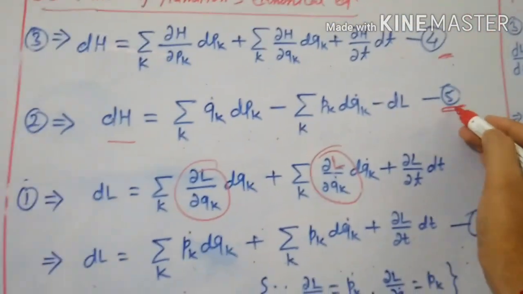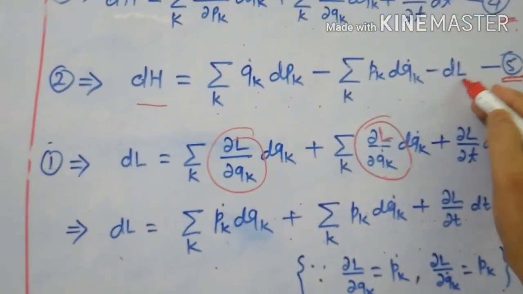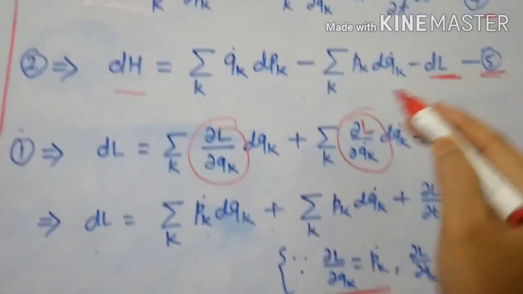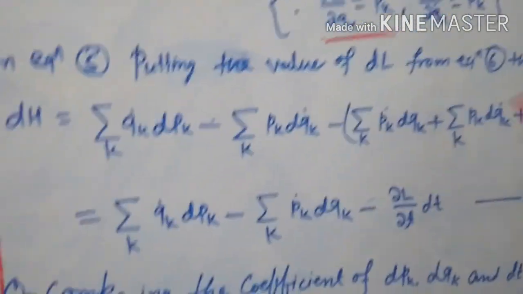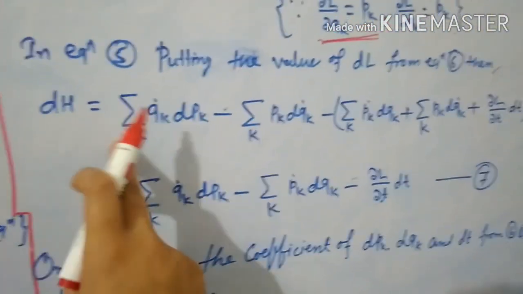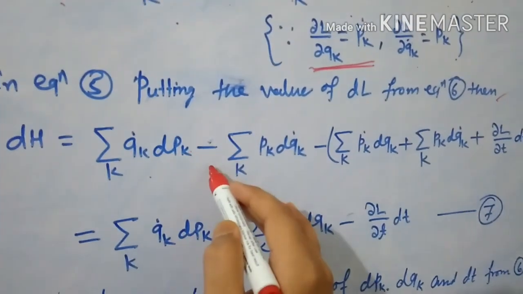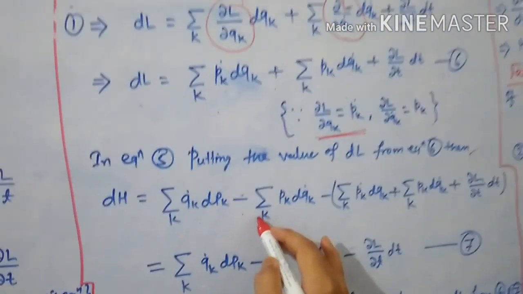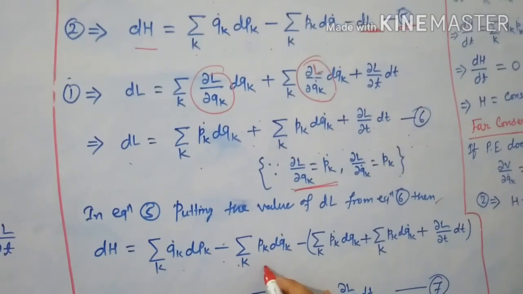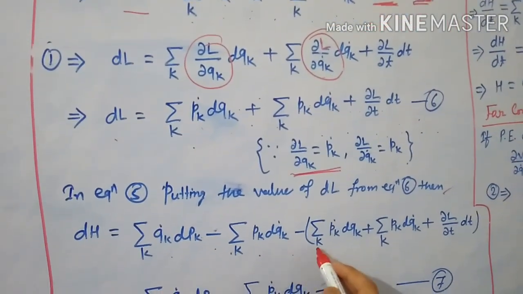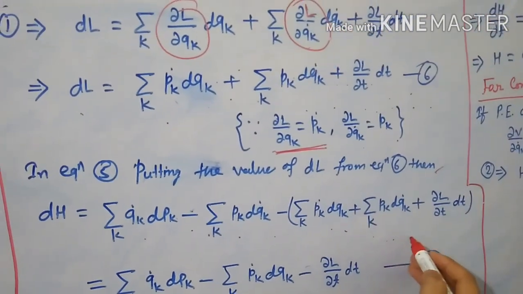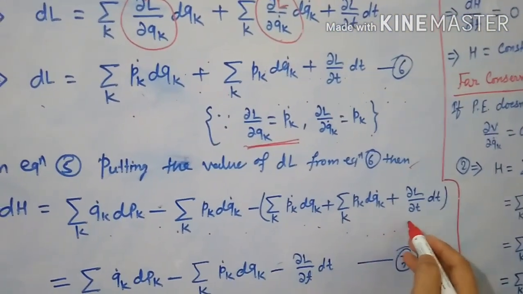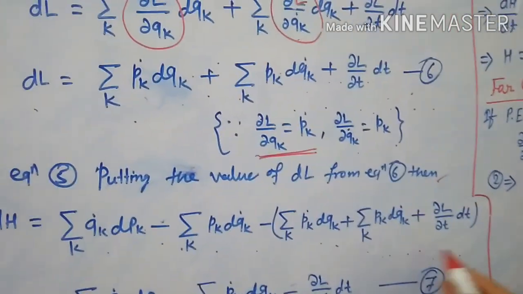Now in equation 5, putting the value of dL from equation number 6, then we obtain dH is equal to summation k qk dot dpk minus summation k pk dqk dot minus summation k pk dqk plus summation k pk dqk dot plus ∂L/∂t dt.